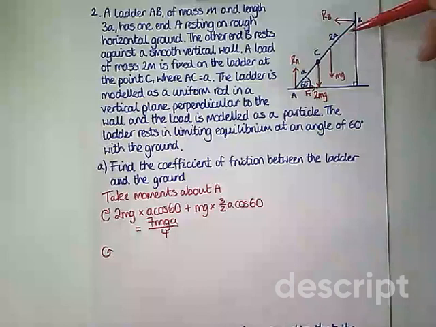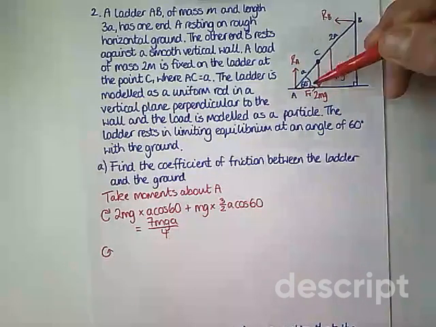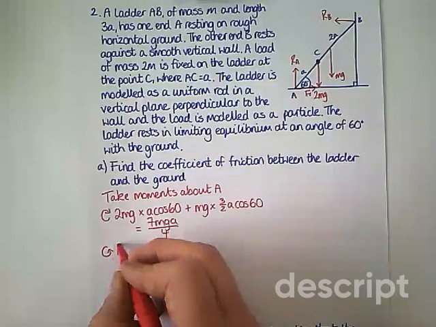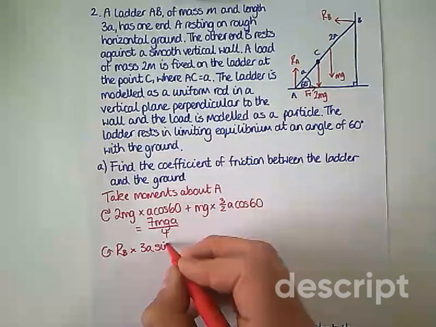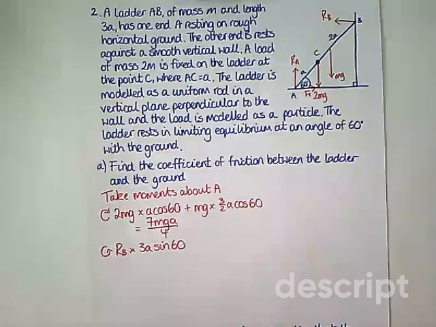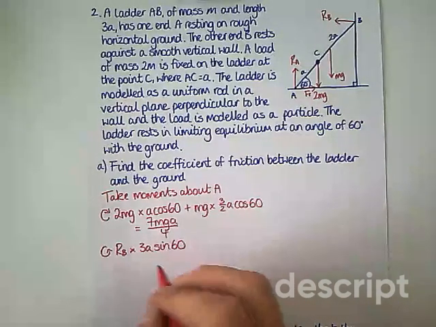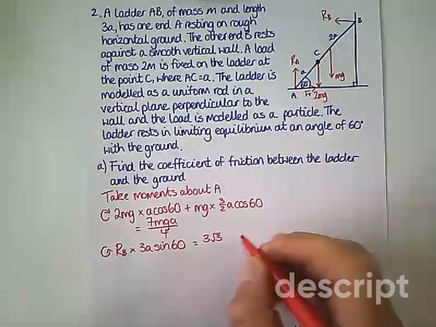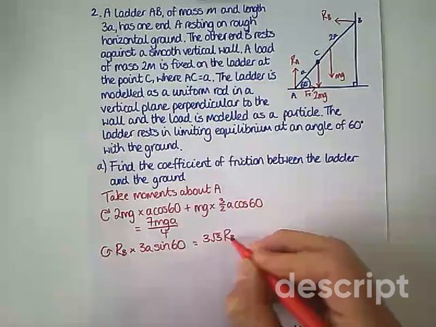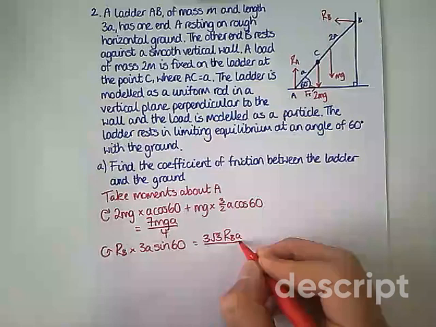So it's going to be 3a times sine 60. So we're going to get the force, RB, times 3a sine 60. Now sine 60 is √3/2. So we're going to get 3√3 RBa/2.